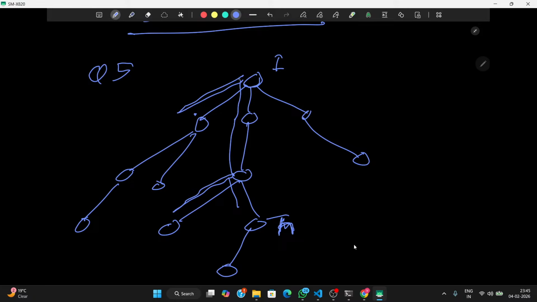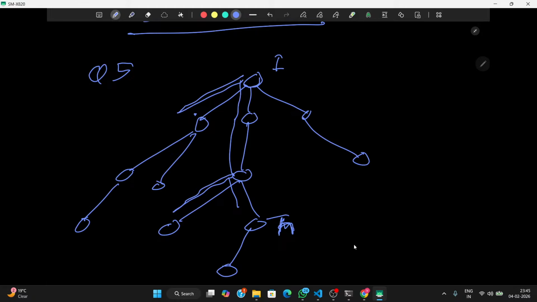So going and coming back, I have already come to one twice. Now I cannot come back once more. So I can go to a subtree of one only once, and then come back to one, and then head towards this node n, right?